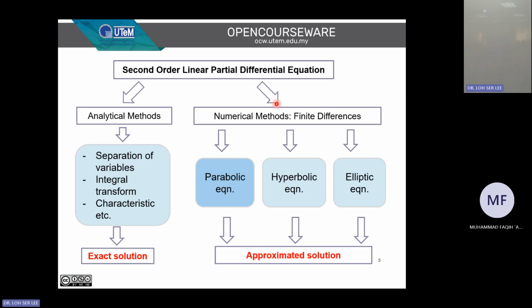On the other hand, we can also use the numerical methods, called finite difference, to solve these three different PDE equations. But since this is a numerical method, what we obtain is just an approximated solution, and there will be some error, because it is just an approximation compared to the exact solution.